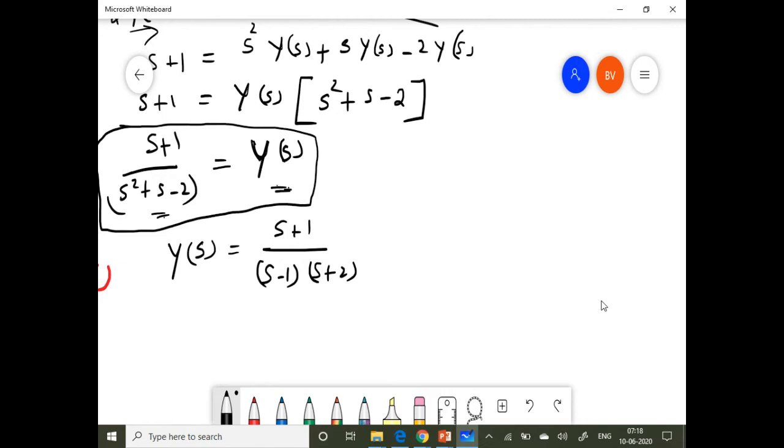Now we have to use the partial fraction method. You find the numerator and write it here.